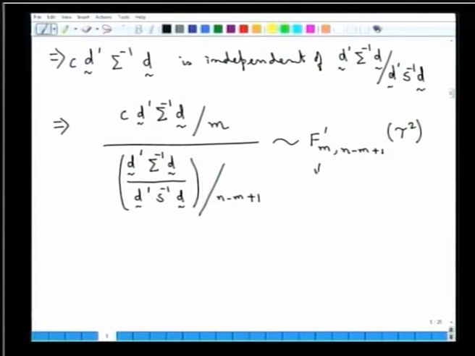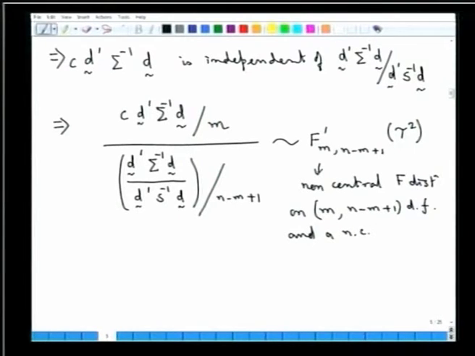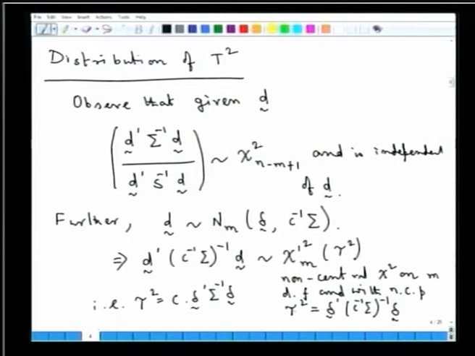So this is a non-central F distribution on m, n minus m plus 1, the two degrees of freedom associated with this, and a non-centrality parameter tau square. Now tau square is what we had written out here, which is c times delta prime sigma inverse delta, right.